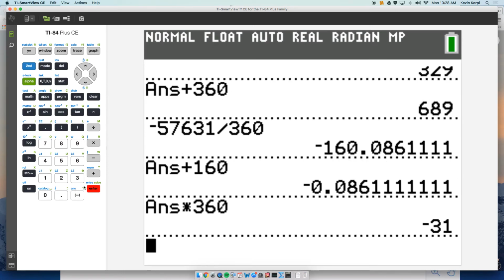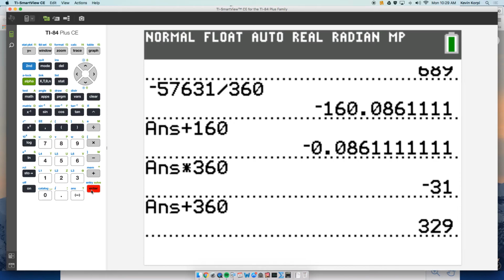But then there's one more thing to do. Negative 31, you probably could figure out where negative 31 is, right? That's just going straight down 31 degrees. What I'm going to be interested in the future is what is the angle that shares the terminal ray with it that's between 0 and 360. I always want the positive angle. So if you wanted to get the next angle that was a full rotation away from negative 31, simply add one more full rotation, and boom, you get 329, which is what we got.